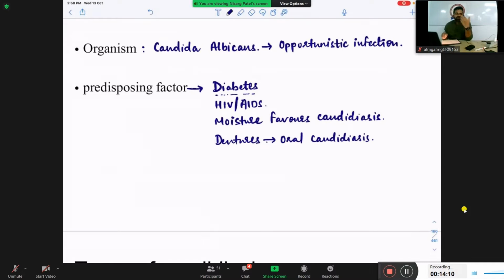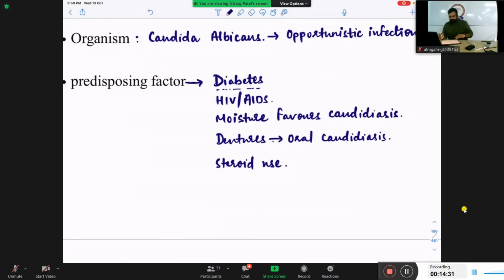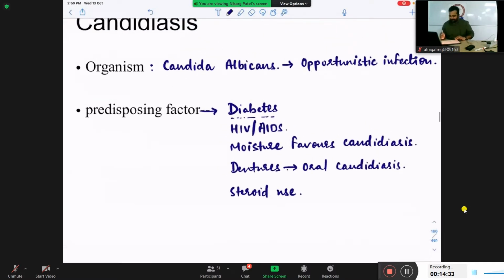Generally we tell the patient, after taking this spray, gargle 2-3 times. Otherwise they will develop oral thrush. So steroid use, any kind of steroid use, I just give you the example, can lead to candidiasis.